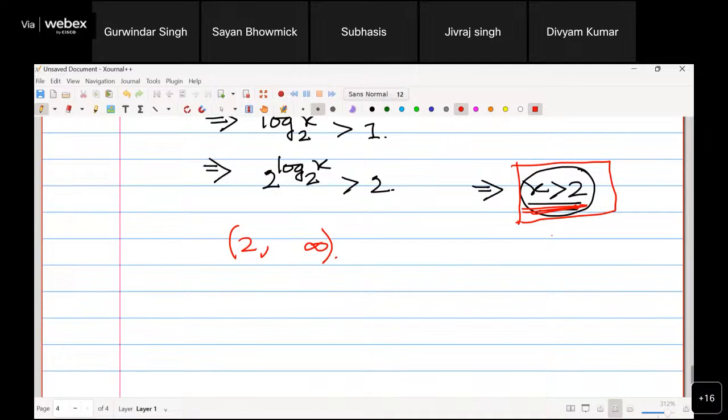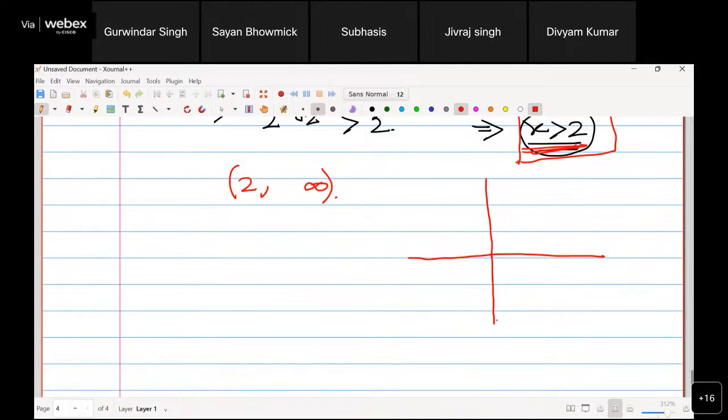And certainly if you try to draw the graph of this function, it should look something like this. This is my 2, this is the line x equal to 2.